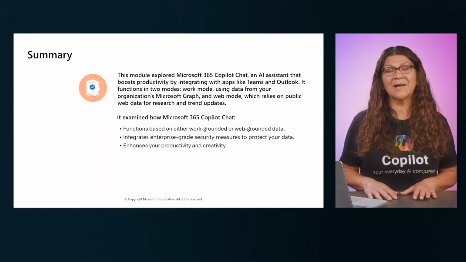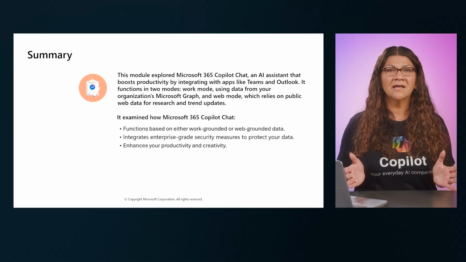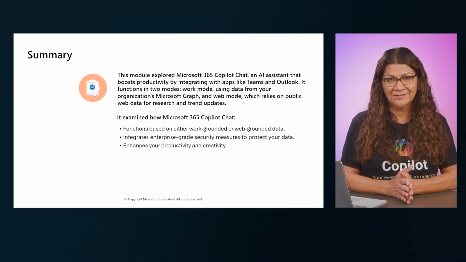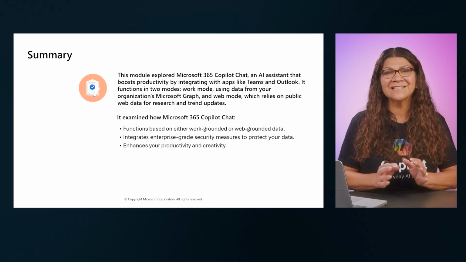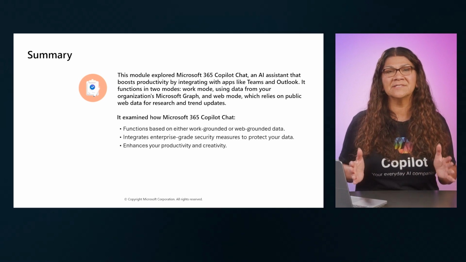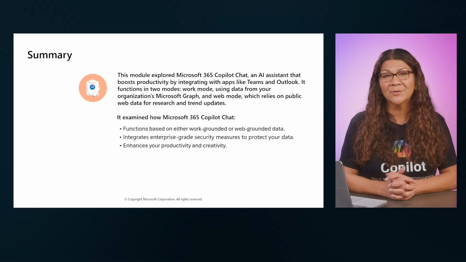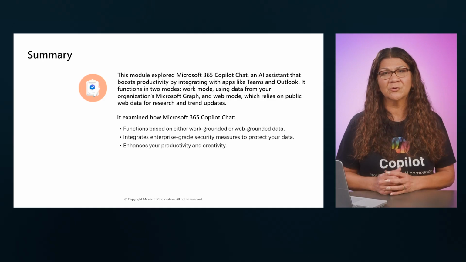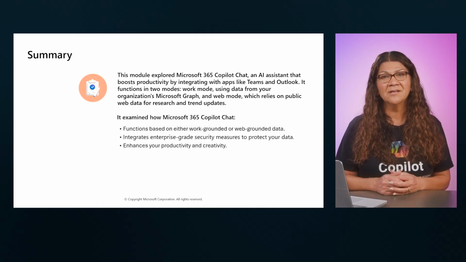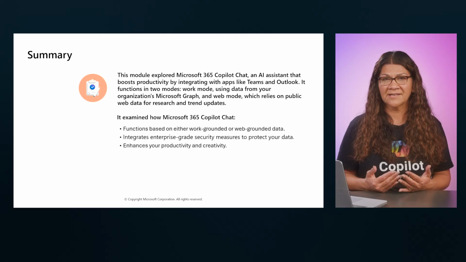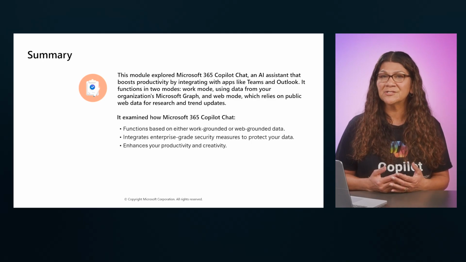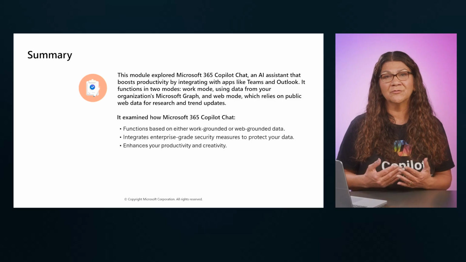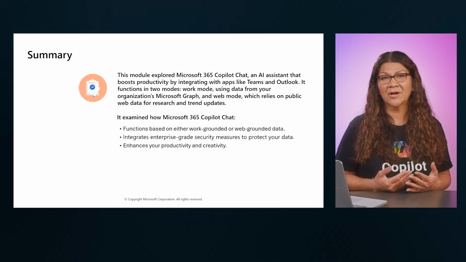This module introduced Microsoft 365 Copilot Chat as your productivity accelerator, an AI assistant that works seamlessly across apps like Teams and Outlook to help you work smarter, faster, and more creatively. We explored how Copilot Chat operates in 2 powerful modes: work mode, which uses your organization's Microsoft Graph data for personalized, secure insights, and web mode, which taps into public web information for research, trends, and a broader context.